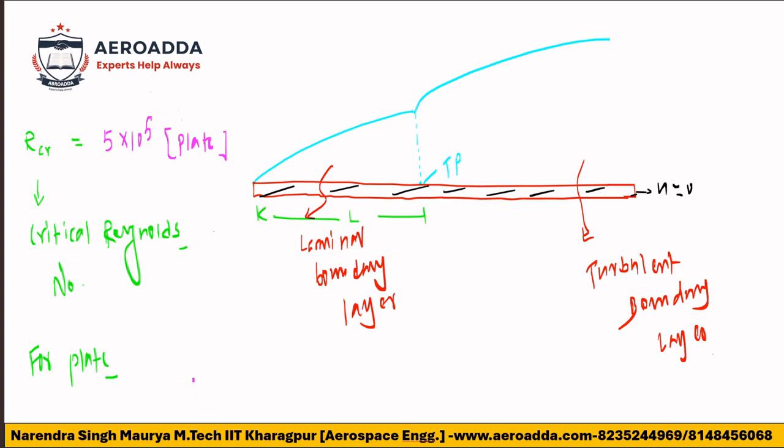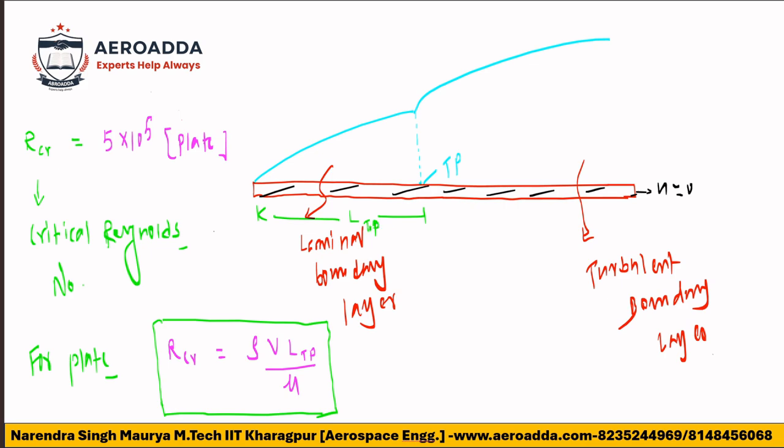How you will find that is very important. So see how you will find it. Critical Reynolds number, what is the formula? Rho V L divided by mu. This is the formula. So this L is nothing but the transition length. If somebody asks you to calculate the transition point, meaning the length where the turbulent boundary layer starts forming, that is nothing but LTP, the length of the transition point.